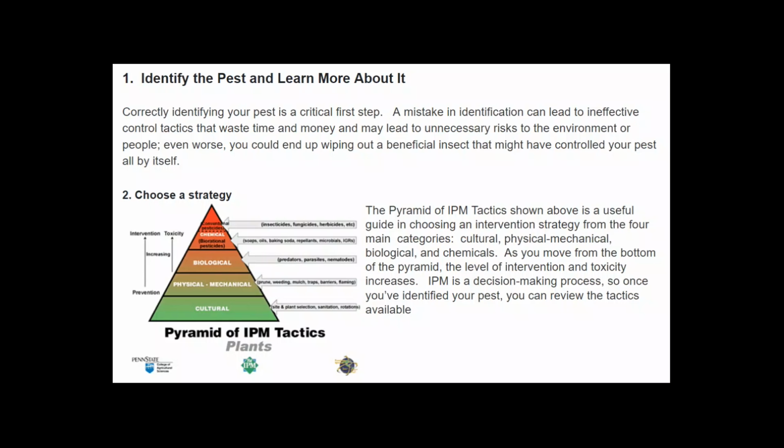Then physical and mechanical. So you prune the plant if it gets disease. You can weed to remove unnecessary plant growth. You can mulch the soil, and you set traps and barriers for farming.